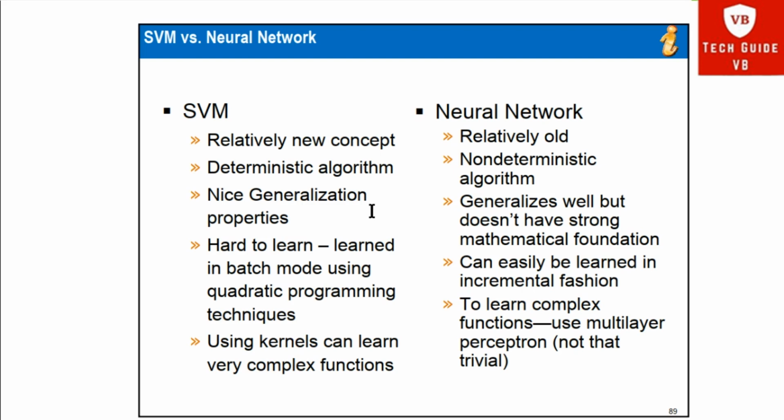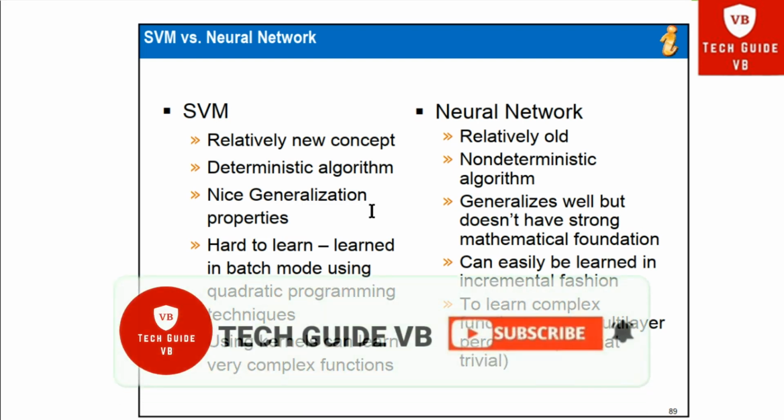So we will see the difference. If you see the SVM, this is a relatively new concept, and the neural network is a relatively old concept. Then the second differentiation is SVM is a deterministic algorithm and neural network is a non-deterministic algorithm.